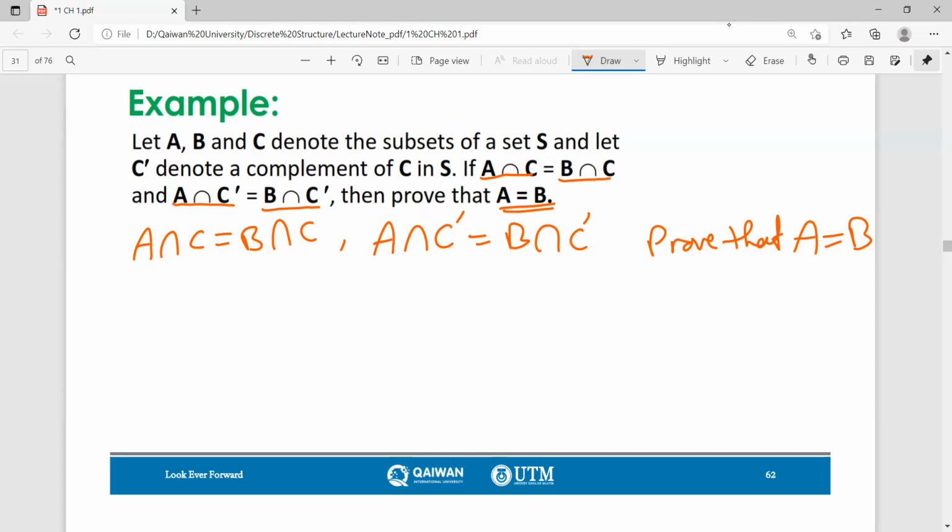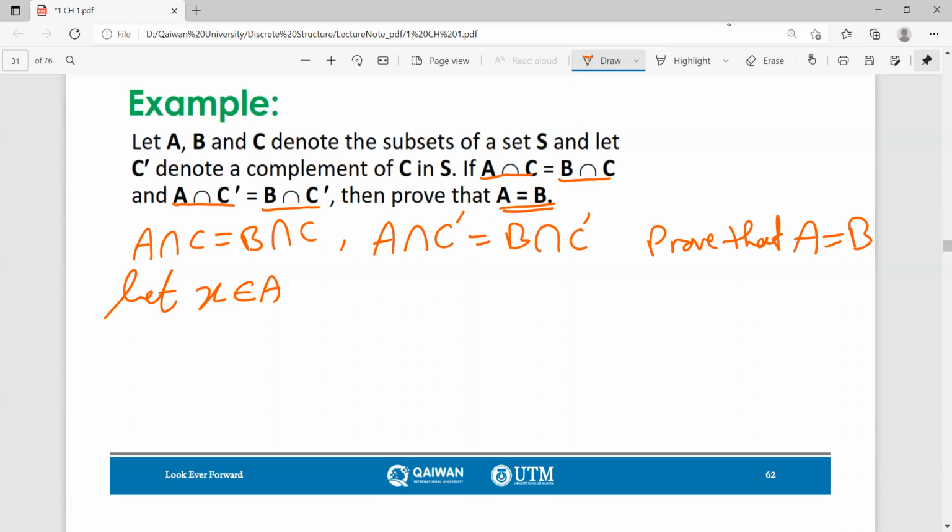We let X be an element in A. We must prove that X is in B also. To prove that two sets are equal, we must show that each of them is a subset of the other one.